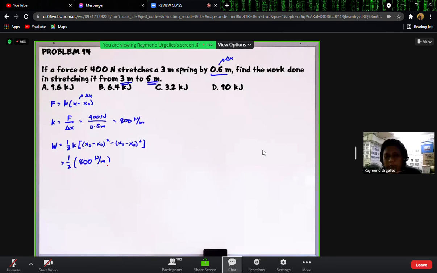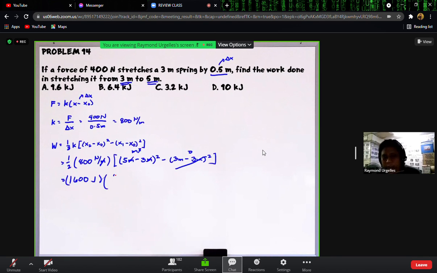So we have 1/2 times 800 newtons per meter multiplied by 5 meters minus the original length of 3 meters, squared, minus 3 meters, the original length is 3 meters, squared. So this is 0. So what comes out is 3,200 over 2, so we have 1,600, in square meters.